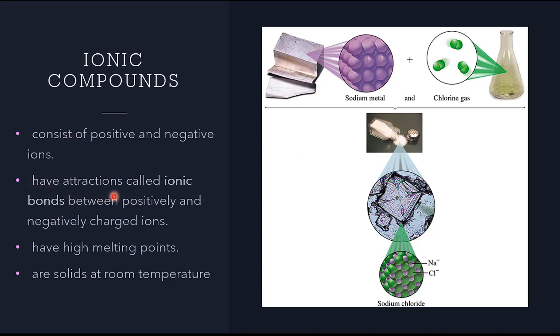They have attractions called ionic bonds between the positively and negatively charged ions. They typically have very high melting points and are often solids at room temperature. So our most famous example of an ionic compound is table salt, sodium chloride.